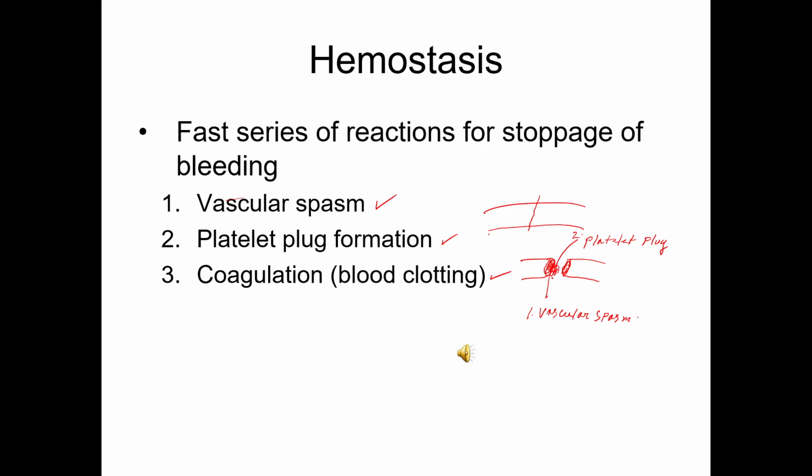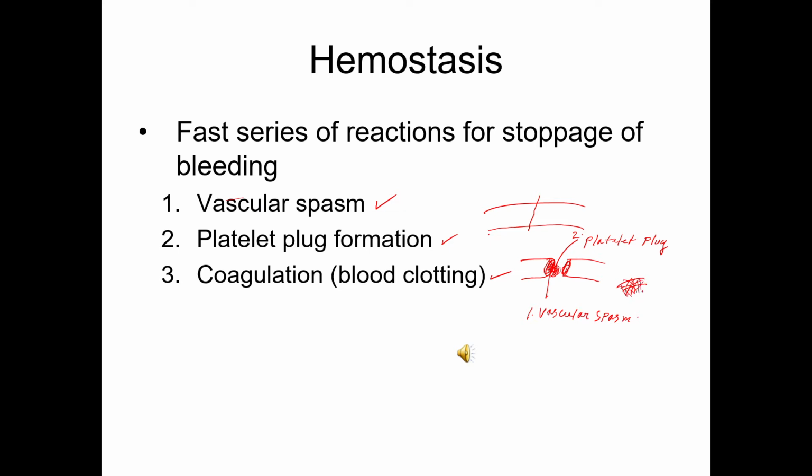What is that? The fibrinogen, one type of plasma protein. Fibrinogen produce fibrin threads, and the fibrin threads will get attached to each other to form a net.